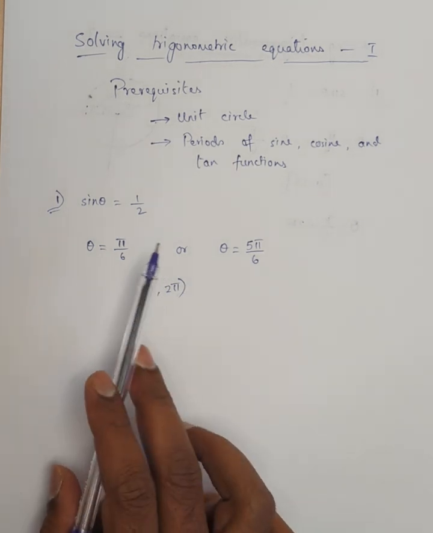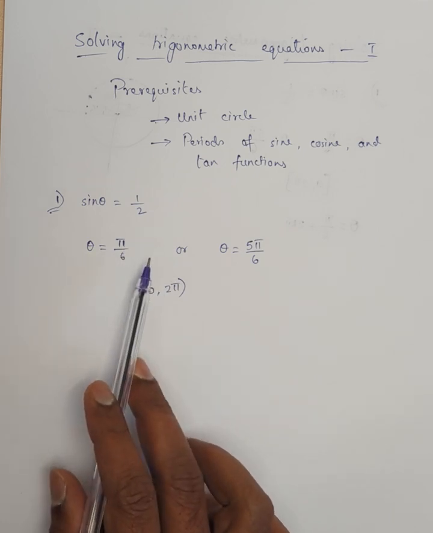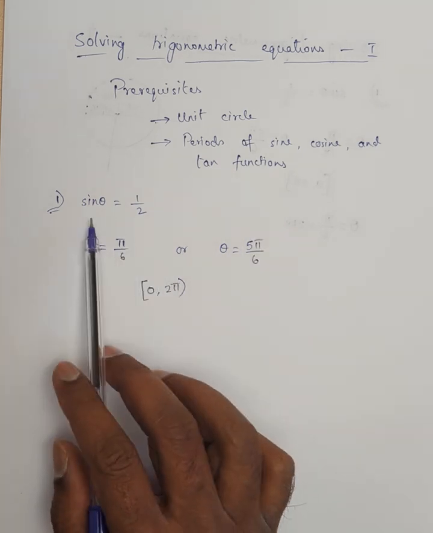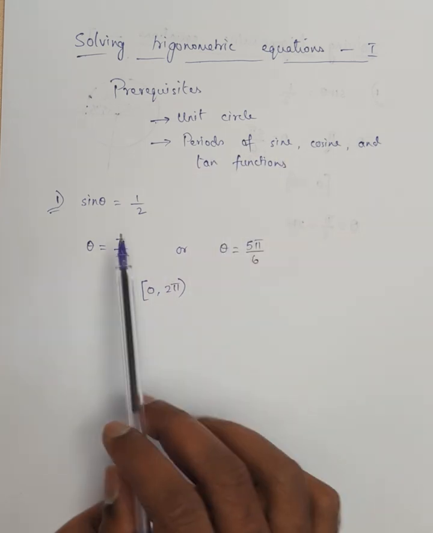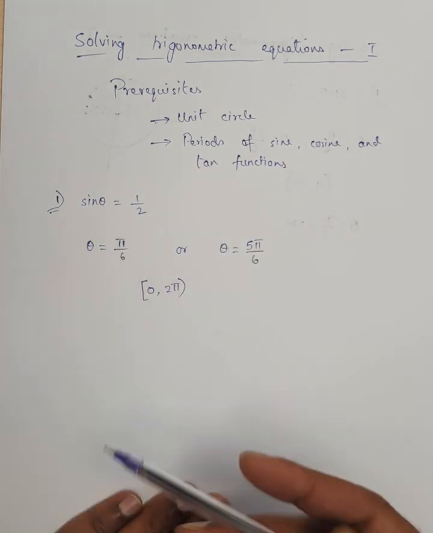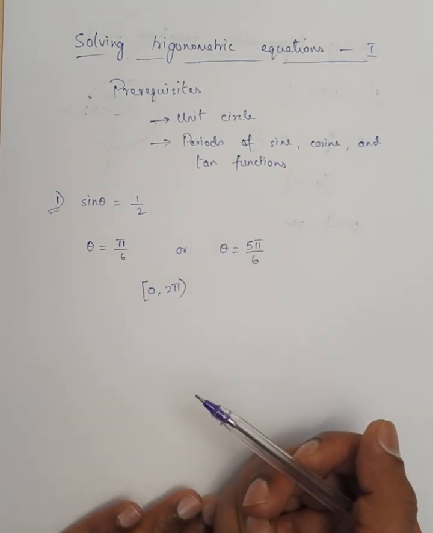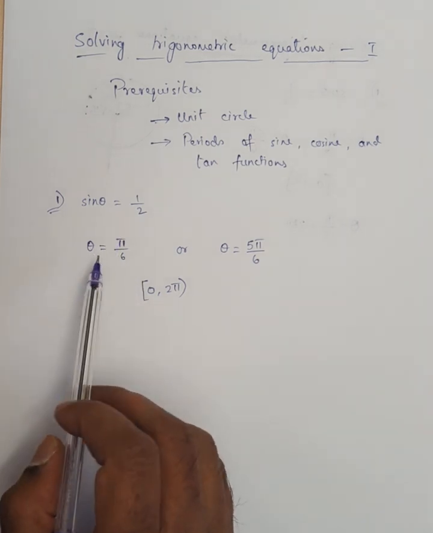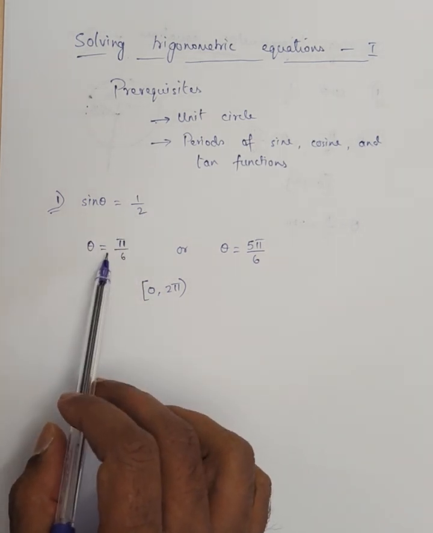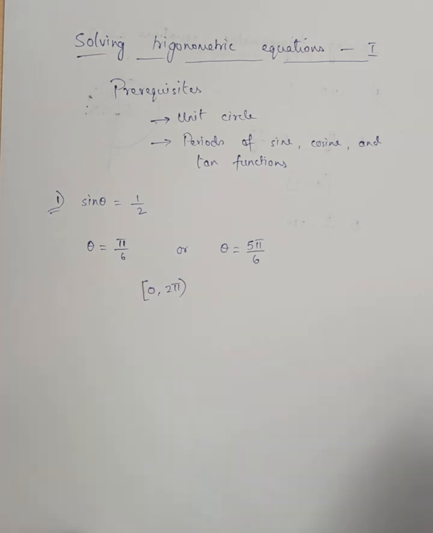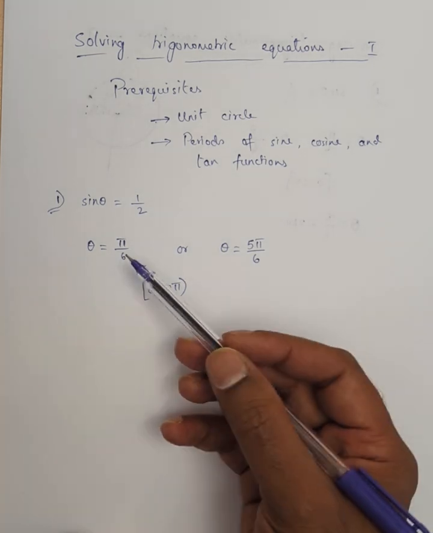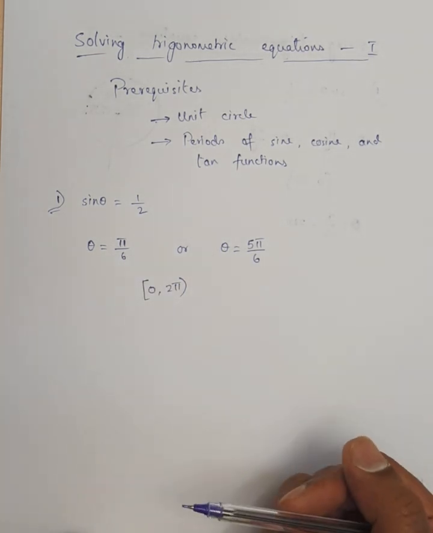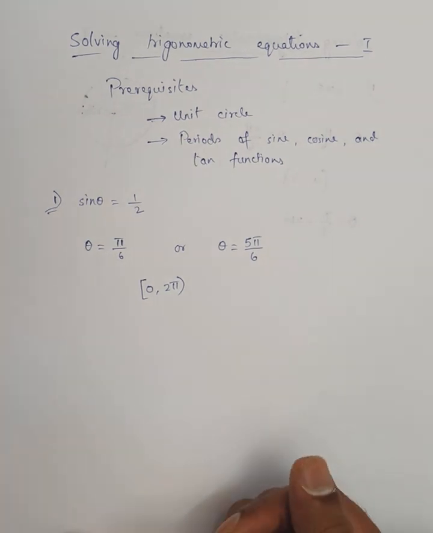But if you want all of the solutions, then notice that sine has a period of 2 pi, which means sine repeats itself after 2 pi radians. So sine of pi over 6 is half, and sine of pi over 6 plus 2 pi, and then pi over 6 plus 4 pi, and so on, are all solutions.